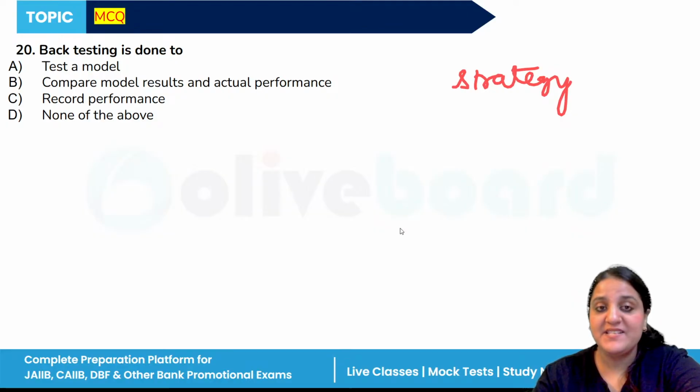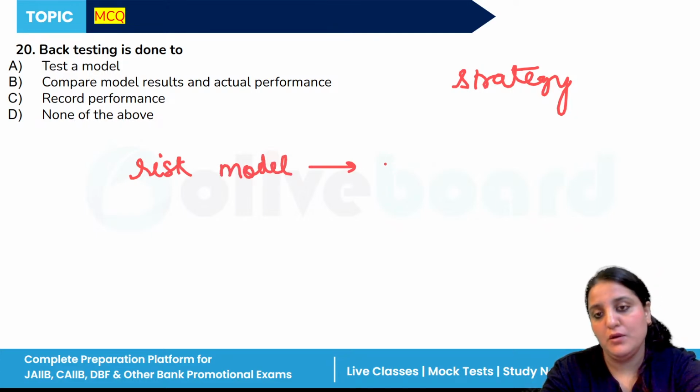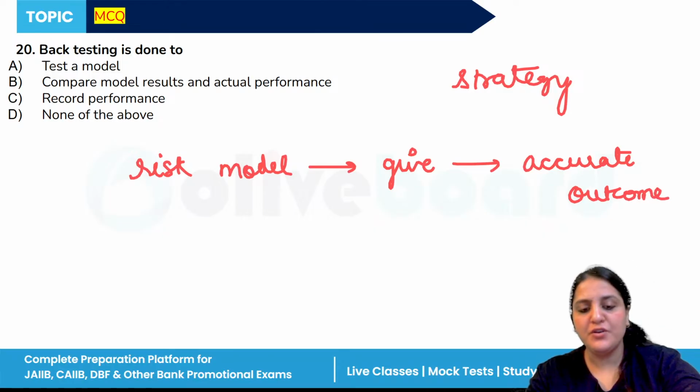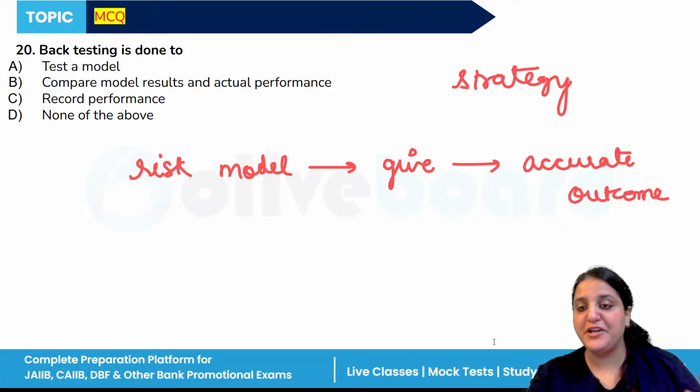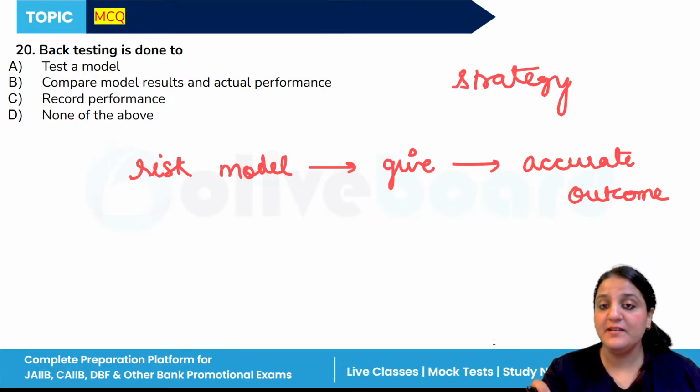So back testing checks whether a risk model, like a value at risk model, is able to predict the accurate outcome. So the risk model basically predicts actual outcomes or not. If predictions are different from the real results, model adjustments are needed in that case.